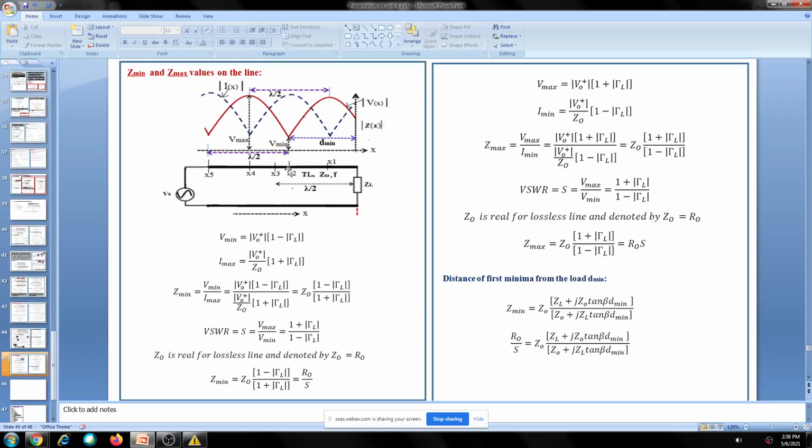What is that value? That is given by this equation, R naught by S. Okay. So like that you can come to know the minimum value and maximum value of impedance over a transmission line. Okay, so this is about this. In the next class we will continue.